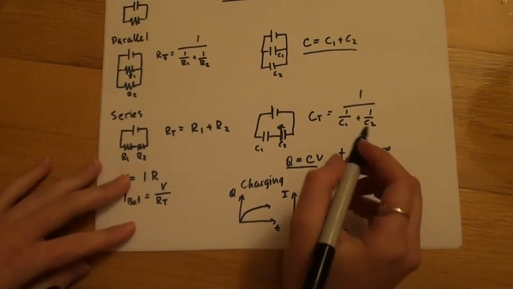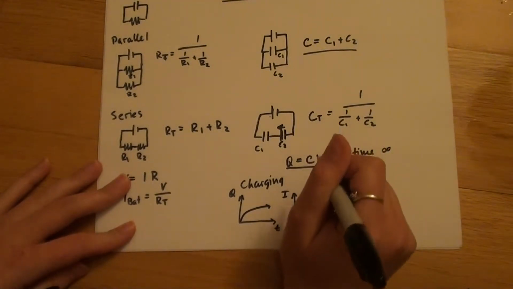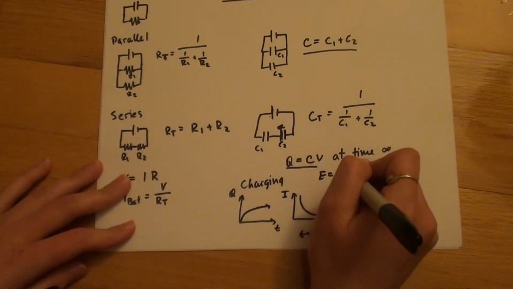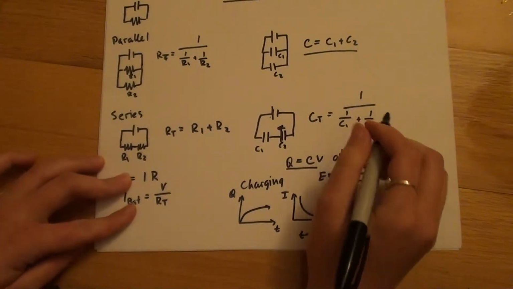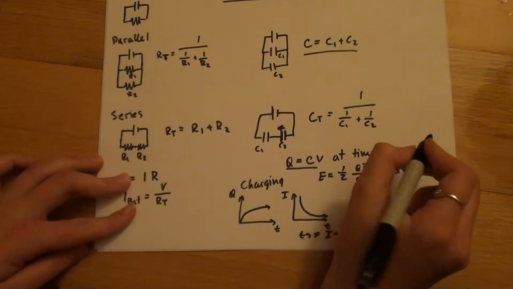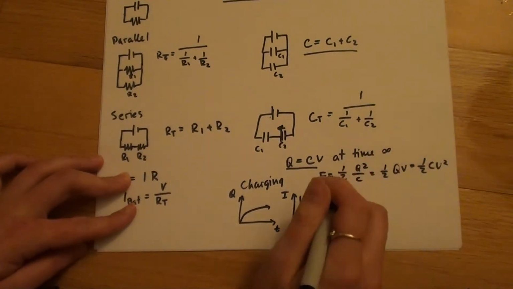Alright, so then the energy stored in a capacitor is given by the formula 1/2 Q squared over C. This can also be manipulated into 1/2 QV or 1/2 CV squared.